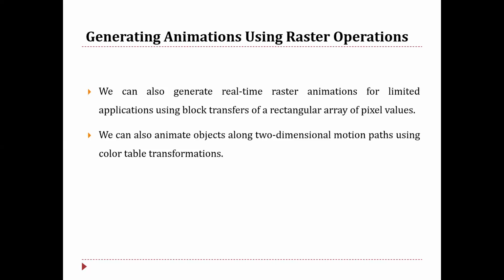That means you would be making use of the foreground as well as the background. Then the animation is accomplished by changing the color table values so that the object colors at successive positions along the animation path become the foreground color.